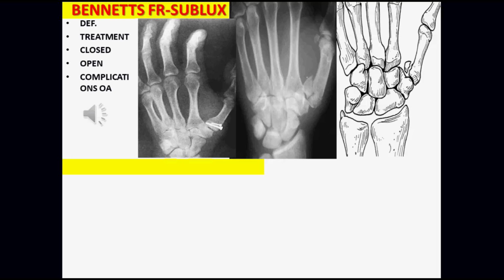Bennett fracture subluxation. This is a fracture of the base of the thumb metacarpal with extension into the carpometacarpal joint. It is an unstable injury. The smaller fragment remains in contact with the trapezium while the metacarpal shaft is pulled proximally by the powerful abductor pollicis longus.